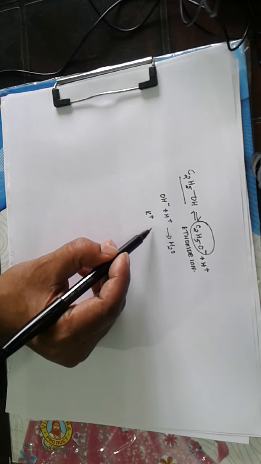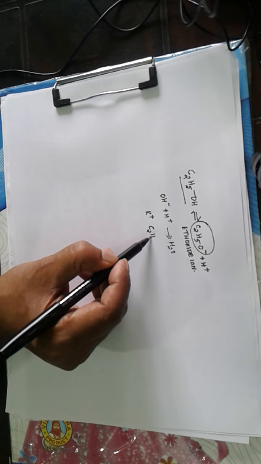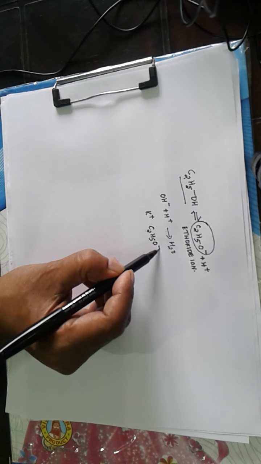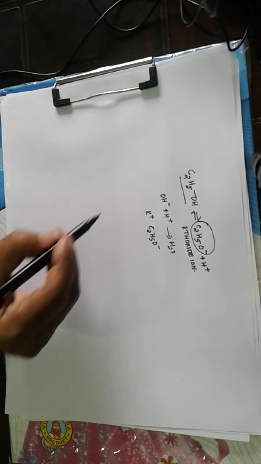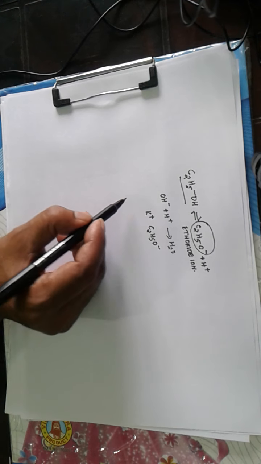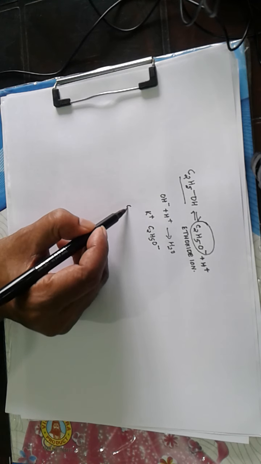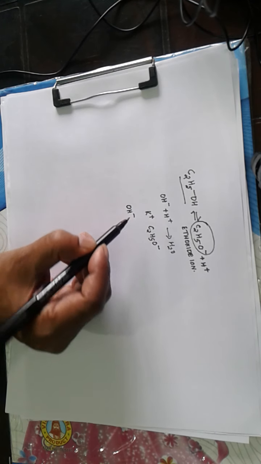So the ionic system, potassium positive and C2H5O negative, are present in the medium, and the medium is ethanol. So in a solvent medium, that is ethanol, we have potassium ions and ethoxide ions. The hydroxide ion concentration will be very small or practically nil. Now ethoxide ion and hydroxide ion can act as bases.